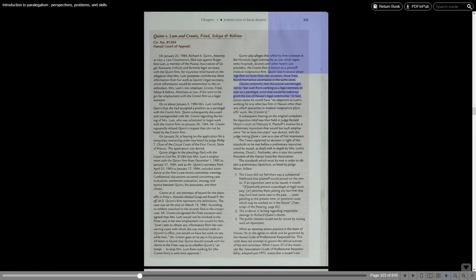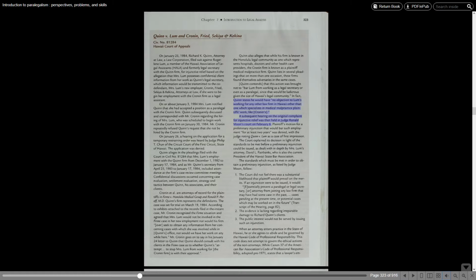Quinn contends that this action was brought not to bar Lum from working as a legal secretary, or even as a paralegal, since that would be ludicrous given the size of Hawaii's legal community. In fact, Quinn states he would have no objection to Lum's working for any other law firm in Hawaii other than one which specializes in medical malpractice plaintiffs' work, like Cronin's.